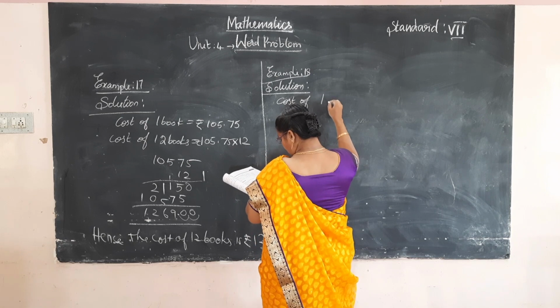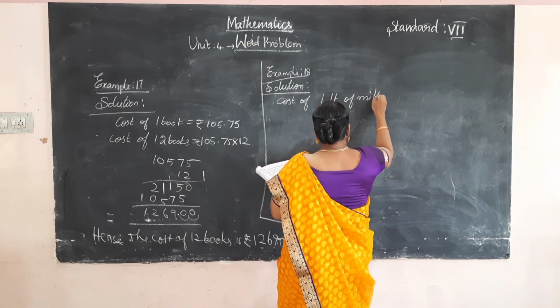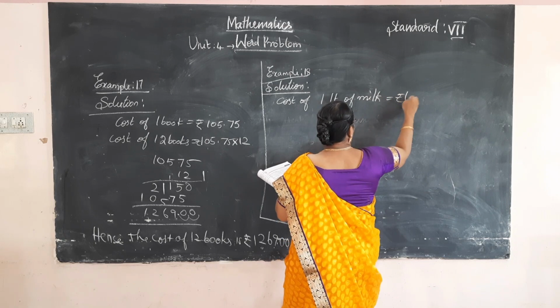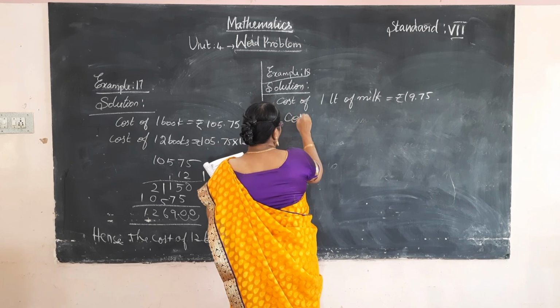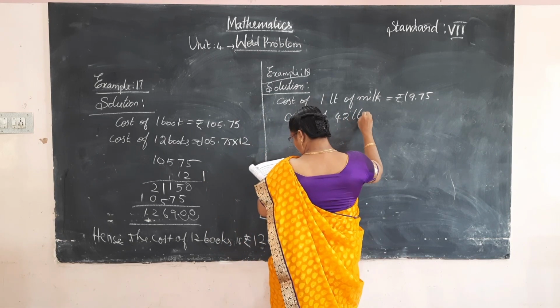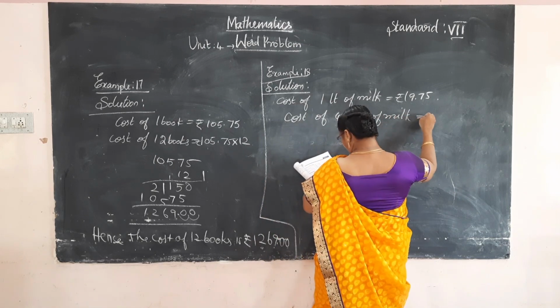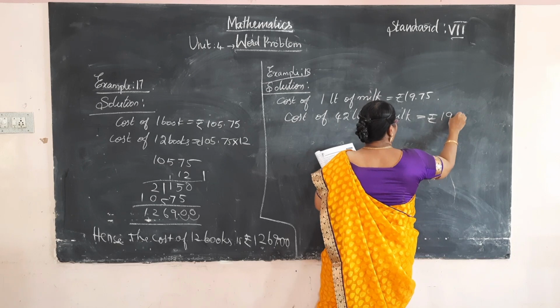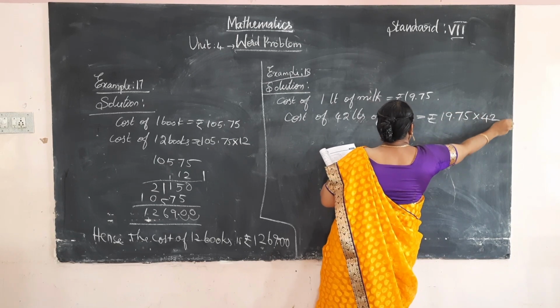The cost of 1 liter of milk is equal to rupees 19.75. Next, find the cost of 42 liters of milk: 19.75 into 42.